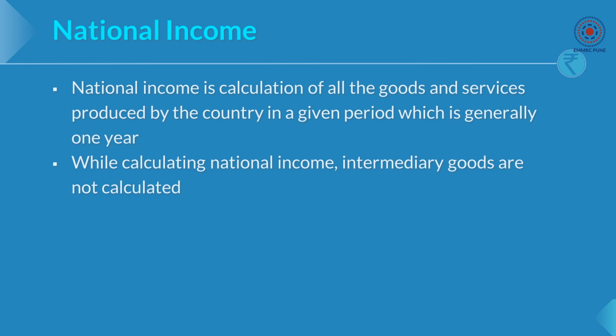Secondly, while calculating national income, intermediary goods are not calculated. Only the final goods and services are counted. This is done to avoid duplication or double counting. Double counting gives us an inflated figure and does not give the true picture of the country's progress.